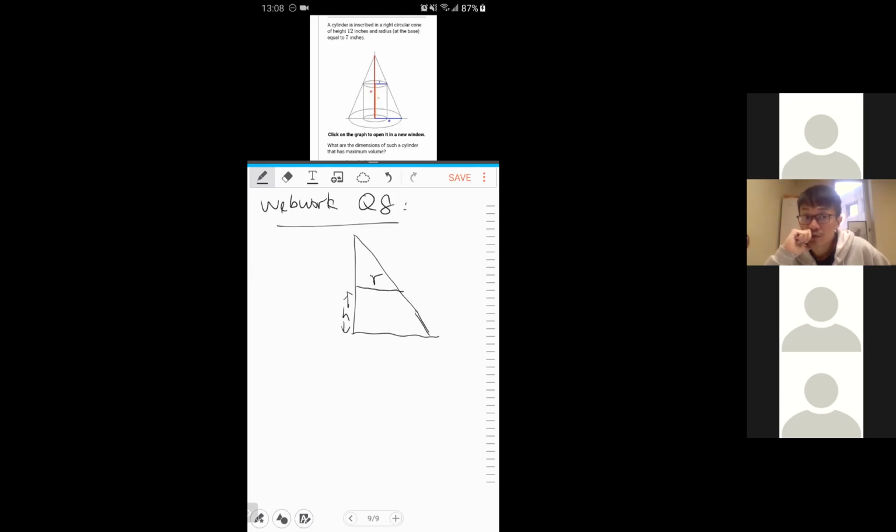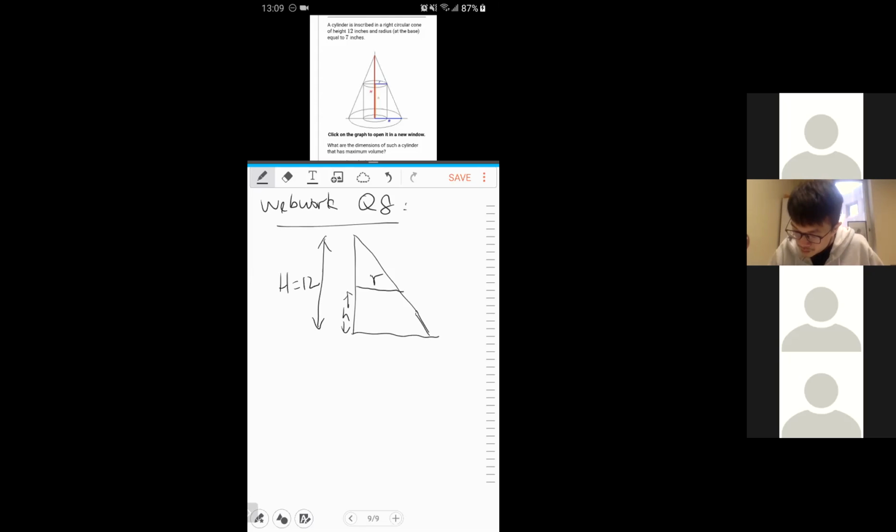Am I making sense to everyone? Now the capital H, it said in the question that the capital H is 12 because that's the height of the cone.